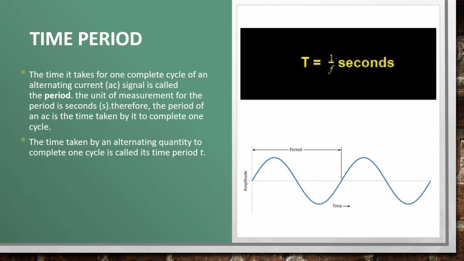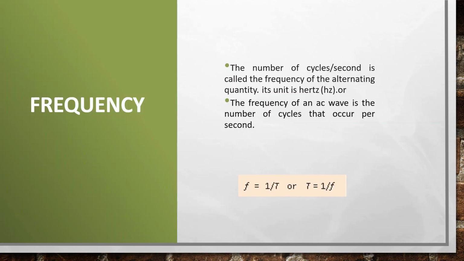The time taken by an alternating quantity to complete one cycle is called its time period T. The number of cycles per second is called the frequency of the alternating quantity. Its unit is Hertz. The frequency of an AC wave is the number of cycles that occur per second, and its formula is shown.